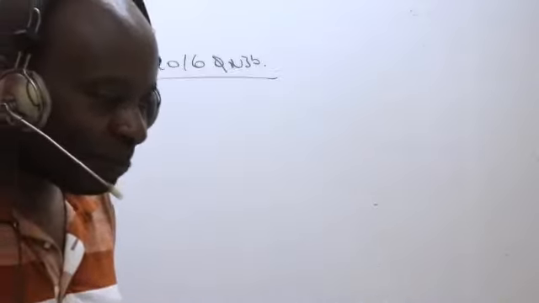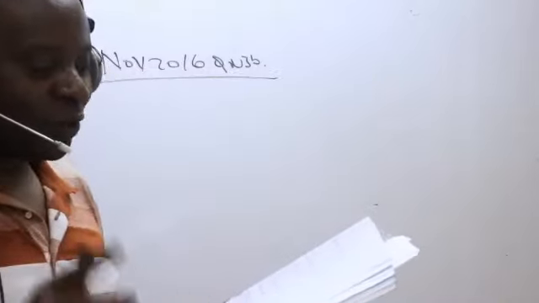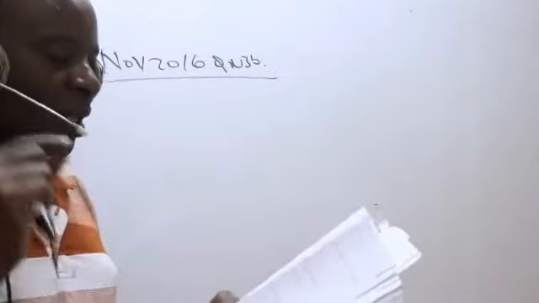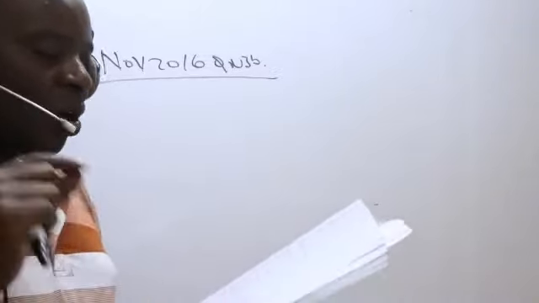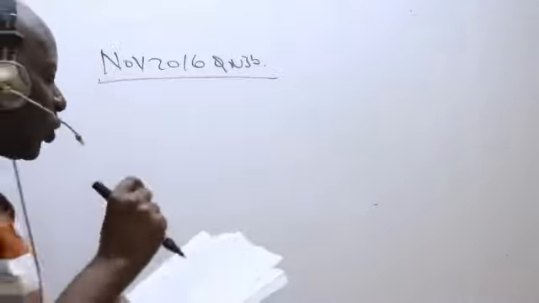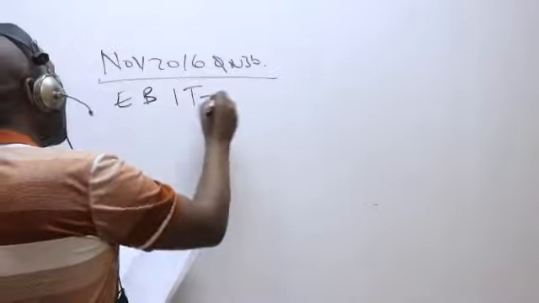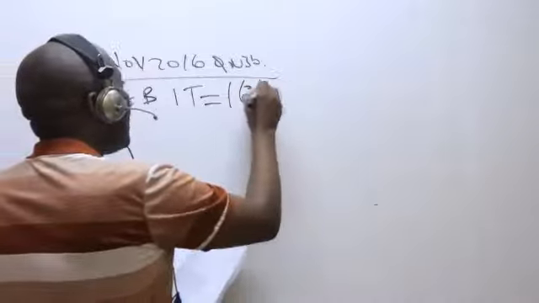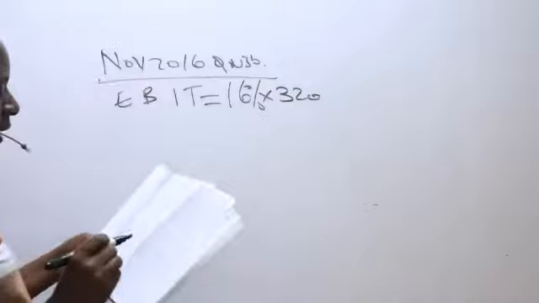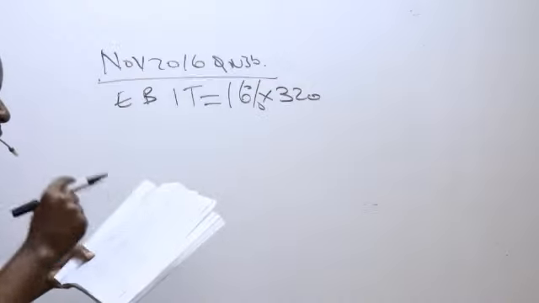The firm will have a book value of assets of shillings 320 million, and it expects to earn 16% return on these assets before interest and taxes. So I'm able to see straight away that what I will earn before interest and taxes will be 16% of 320.